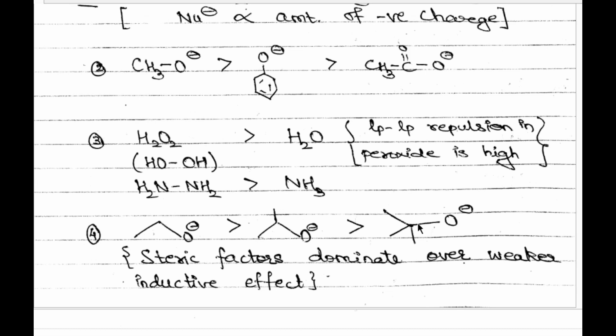Now, in terms of acidic strength, methanol is the strongest acid, and as we go to secondary and tertiary alcohols, the acidic strength goes on decreasing. So, ethanol is a stronger acid, that's why its conjugate base, ethoxide, should be very weak. So, in terms of basic strength, ethoxide is a weaker base as compared to isopropoxide, as compared to tert-butoxide, meaning tert-butoxide will be a very strong base.